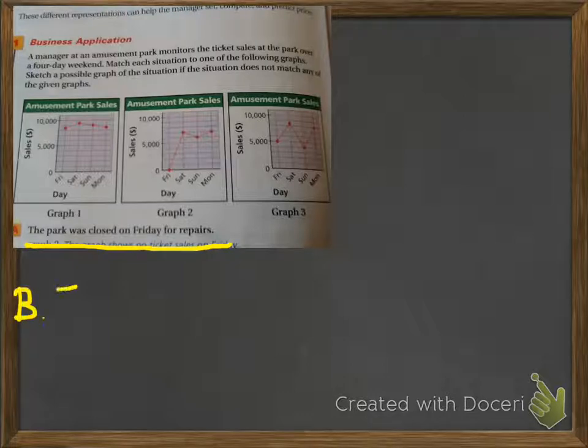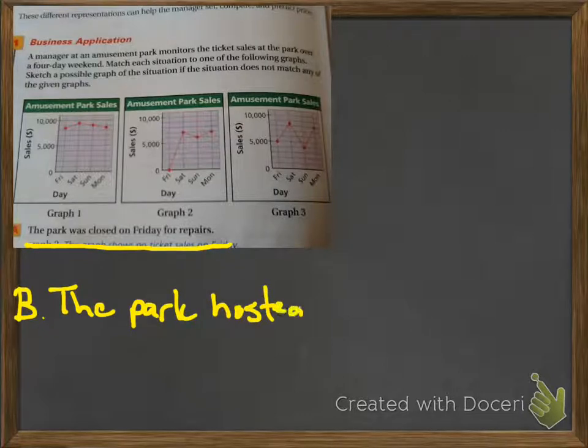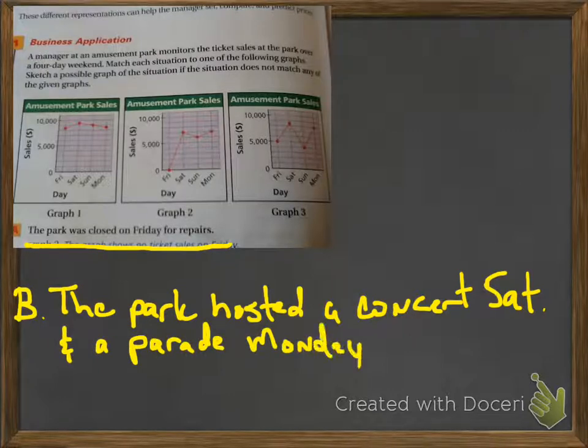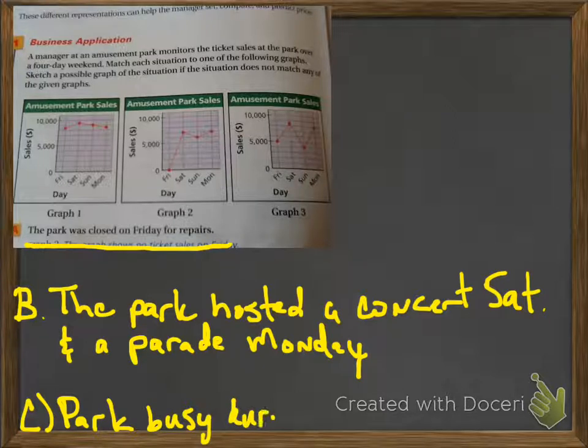But let's look at the other situations. How about if the park had hosted a concert on, I believe, Saturday night, and a parade on Monday? Where do you think that one would fit? Graph 1, graph 2, or graph 3? Or a third situation, the park was busy during a holiday weekend.